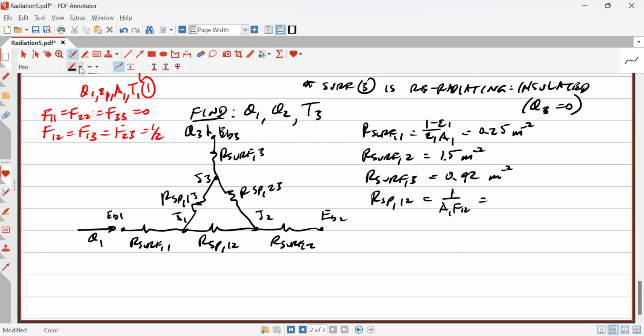F12 is 1/2. And since A1 is 1 square meter, this is just going to get you 2 inverse square meters. And this is going to be the same then as R spatial 1, 3 and R spatial 2, 3.